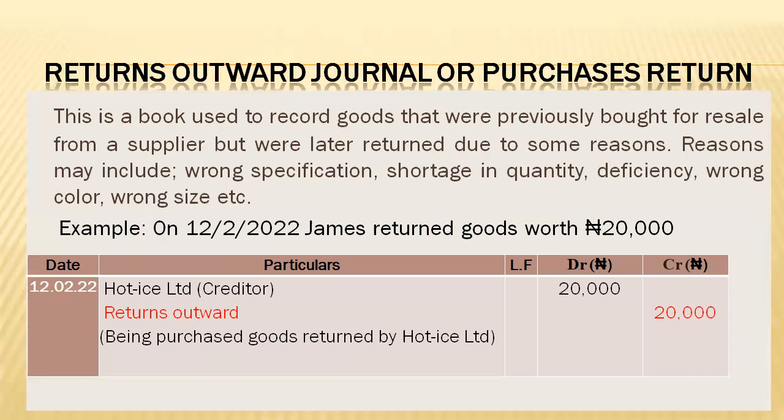We debit Hot Eyes account for returning, and we credit returns outward account. Being purchased goods returned to Hot Eyes. So this James should have been Hot Eyes. Sorry about that. It should be Hot Eyes Limited.